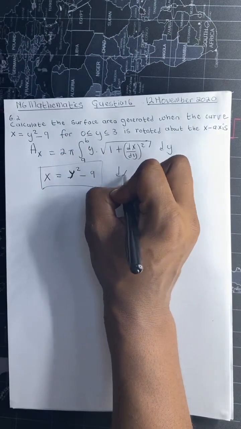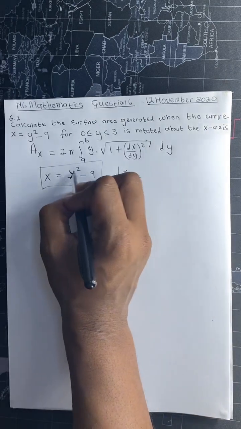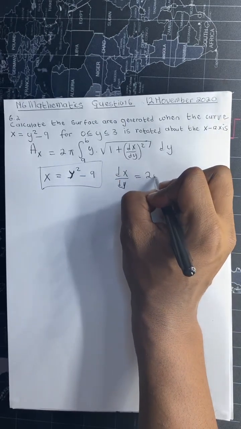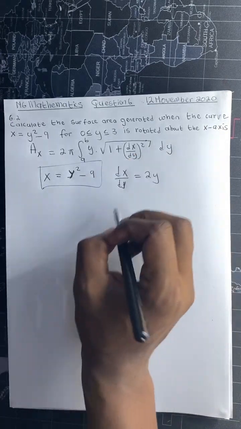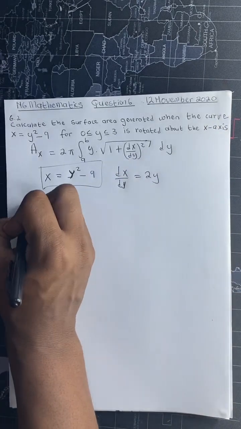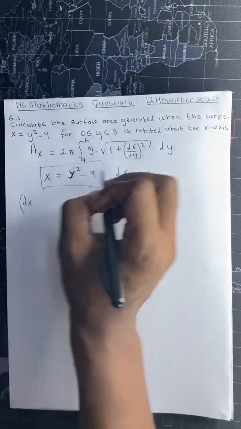So the derivative of x with respect to y, the derivative of that y squared will be equal to 2y, and the derivative of that negative 9 will be equal to 0 because it's a constant, and we have to square this dx over dy according to what we have inside that square root.